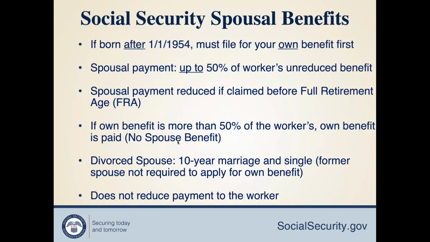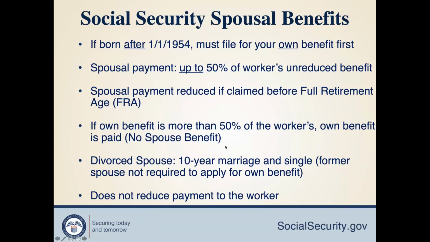So they will not pay her both, obviously. They will pay only the higher amount. If her own benefit is higher, they will only pay that. They will not pay the 50% spousal benefit. So basically she will get only the 2,000 and she will not get the 1,500.